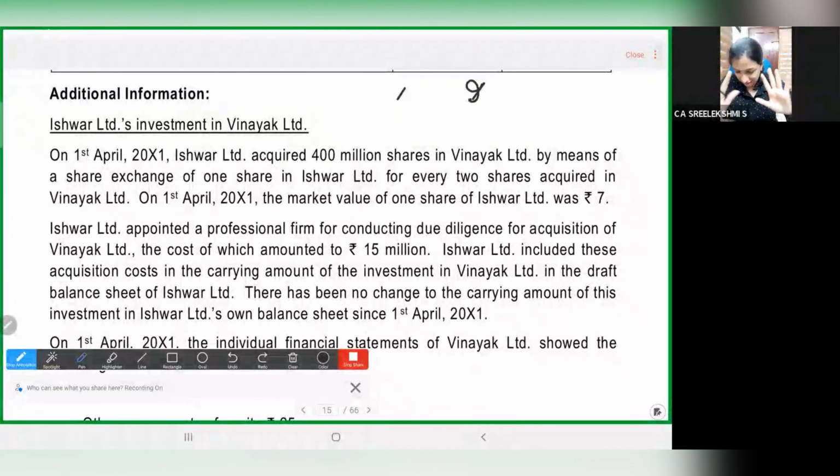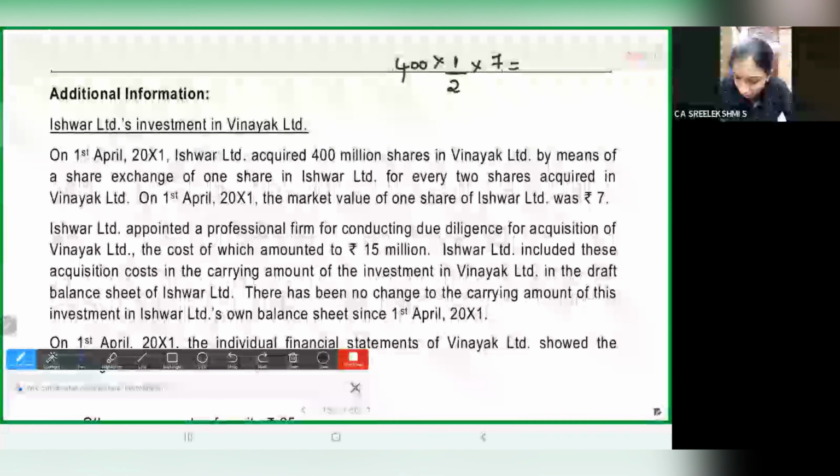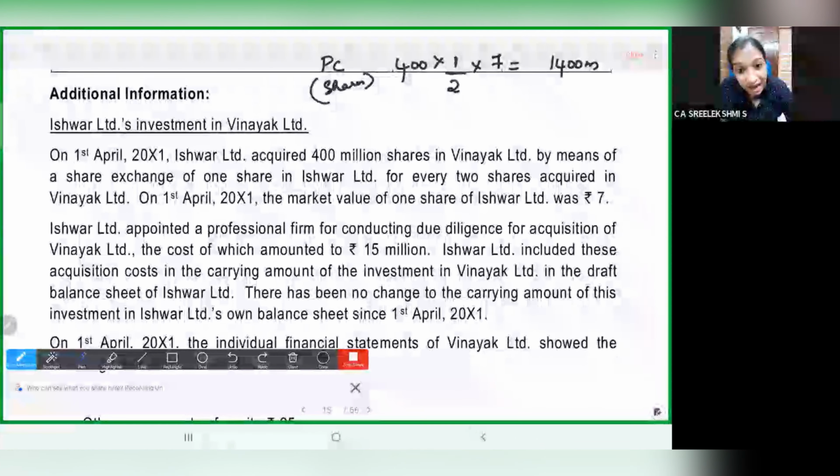See, 400 million into 1/2 into... 1,400 million is the PC, in the form of shares. Then they added 15 million.